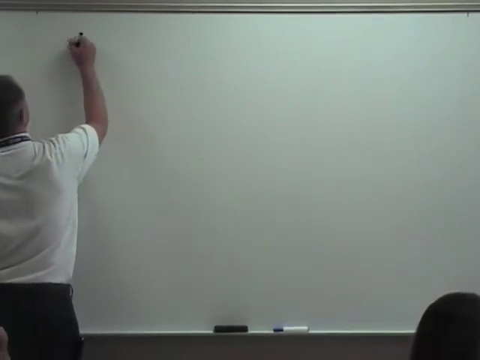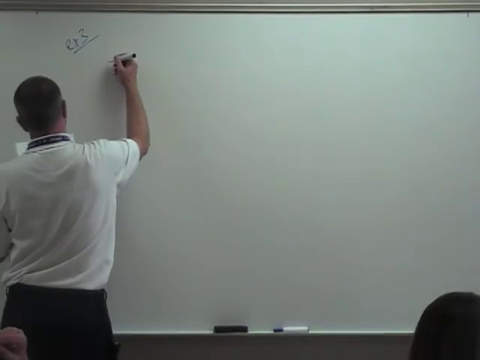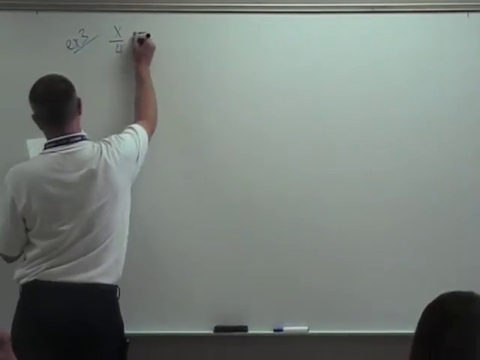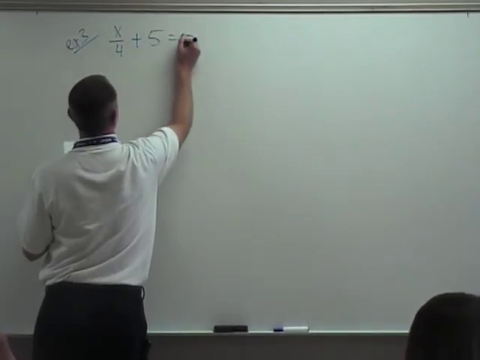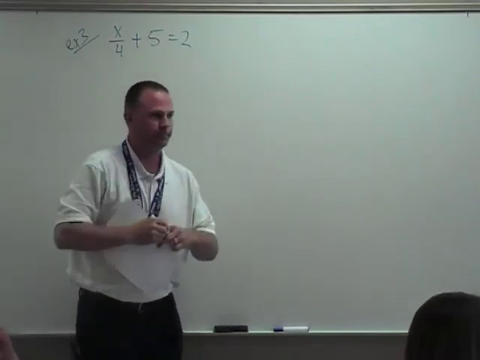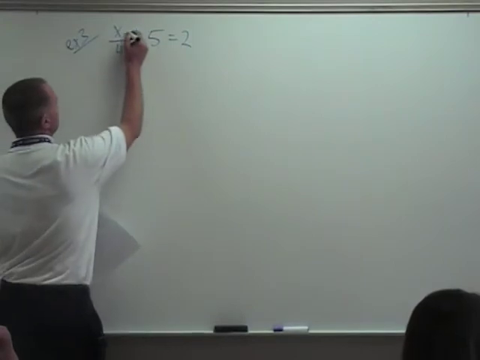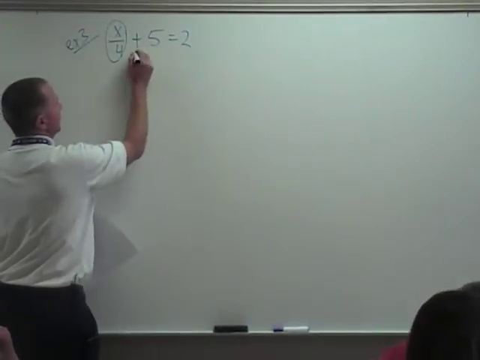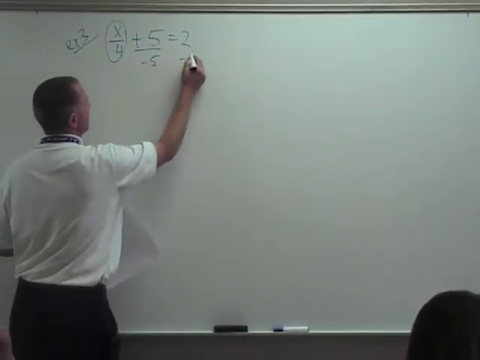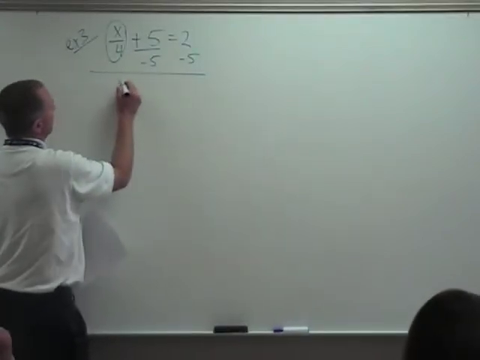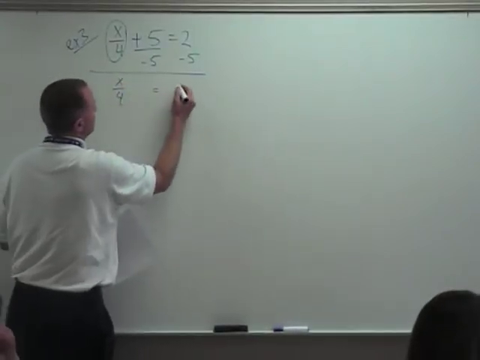Example 3 is x over 4 plus 5 equals 2. Again, circle the term you're solving for. Get rid of your other term, so subtract 5. X over 4 equals 2 minus 5 is a negative 3.